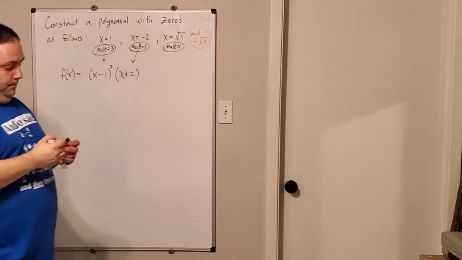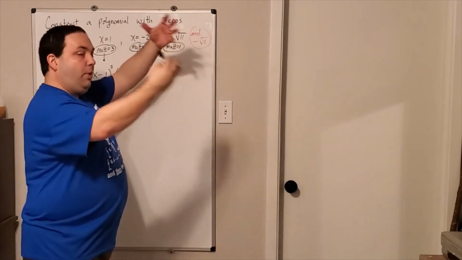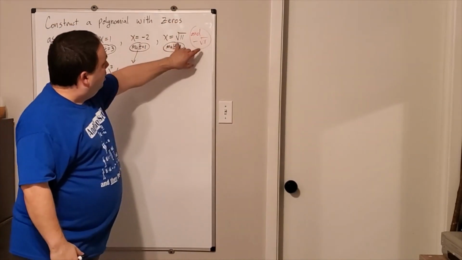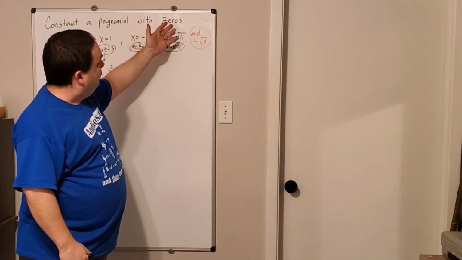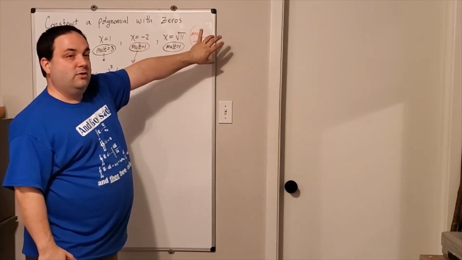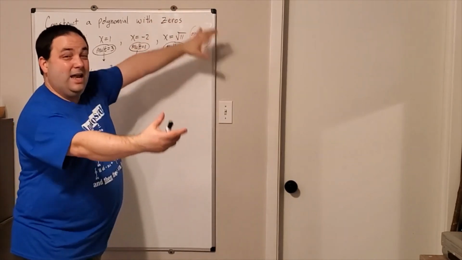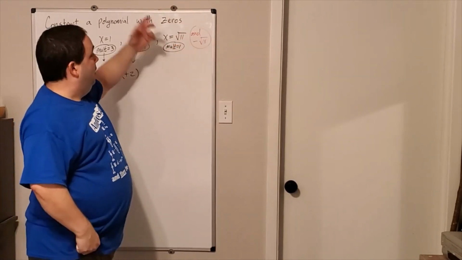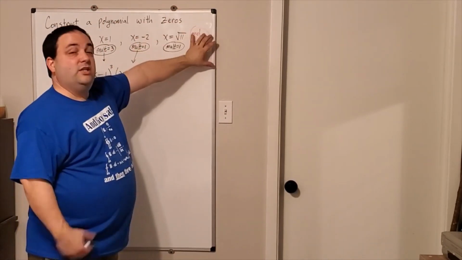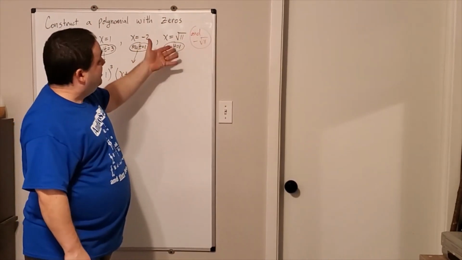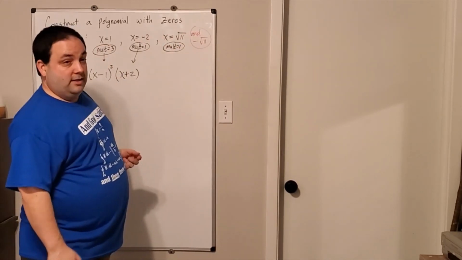For the polynomials that we do, all of those have to come in conjugate pairs. So if I have a positive square root, I'm going to have the negative that goes with it. If I have a positive i, you saw in the last problem, 3i, I'd have negative 3i. Okay? In one of the other problems, we had 2 plus the square root of 5, so we also had 2 minus the square root of 5. In this case, I'm taking the object that I see and just also including its conjugate.